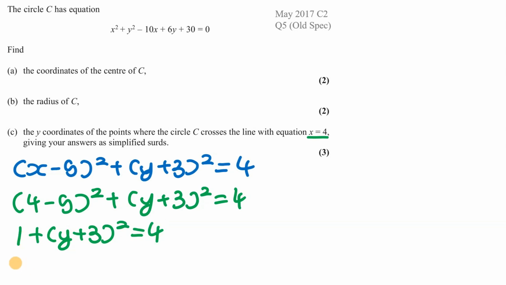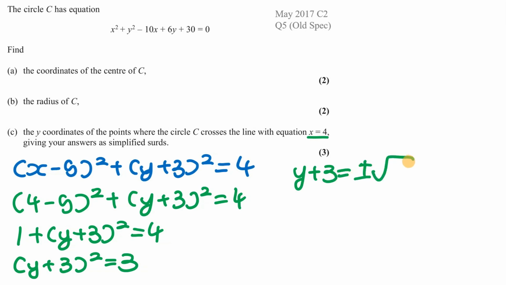Move this 1 onto the other side, so we get that y plus 3 squared is equal to 3. If we square root both sides, this means that y plus 3 is equal to plus or minus root 3. Remember, this can be plus or minus. Move this plus 3 onto the other side to get that y is equal to minus 3 plus or minus root 3.